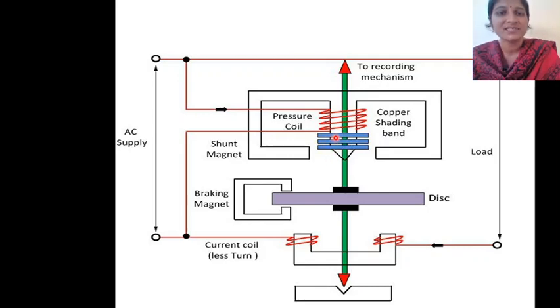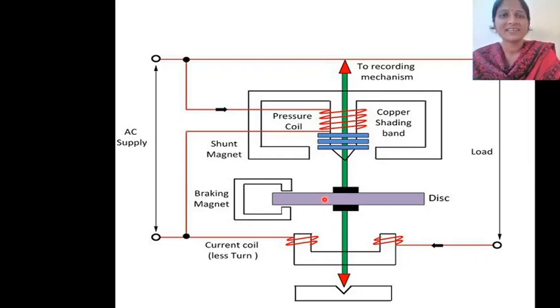As I told you, these are copper shading bands placed on the shunt magnet. These bands maintain the phase angle between the pressure coil flux and the pressure coil voltage at approximately 90 degrees, so that the eddy currents are induced and the aluminum disc rotates properly.